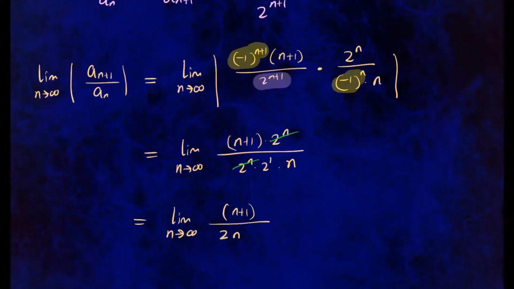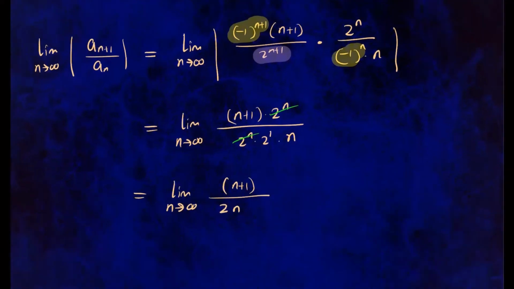so 2n. Now, if you take this limit, again, the degrees of the numerator and the denominator are equal, so it's the ratio of their leading coefficients, which is 1 over 2. That's less than 1. So by the ratio test, this series converges absolutely if it's less than 1.